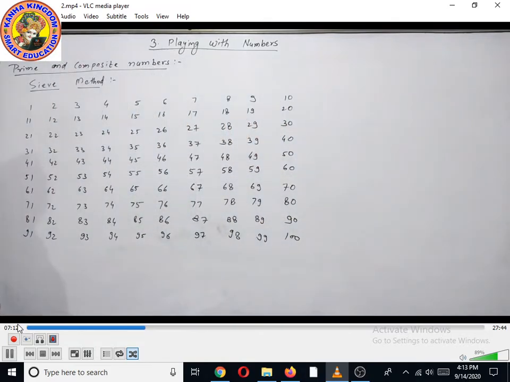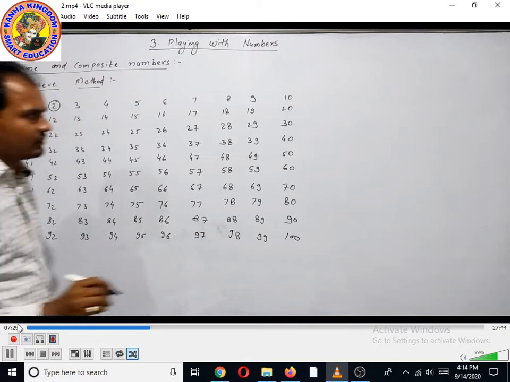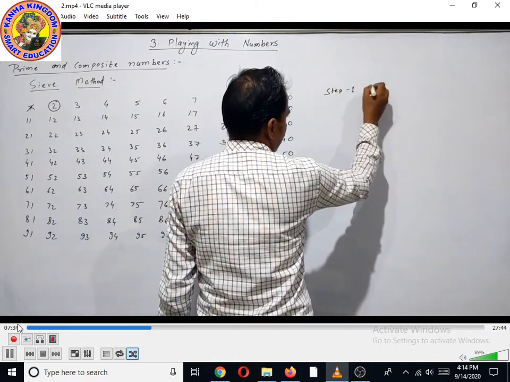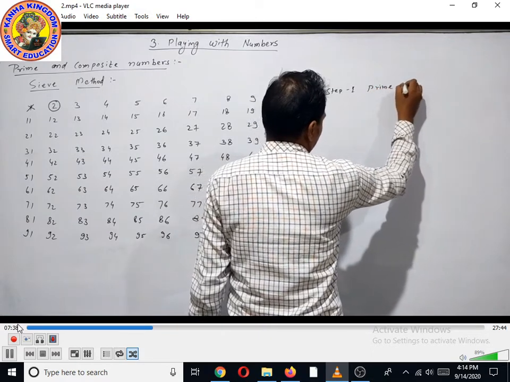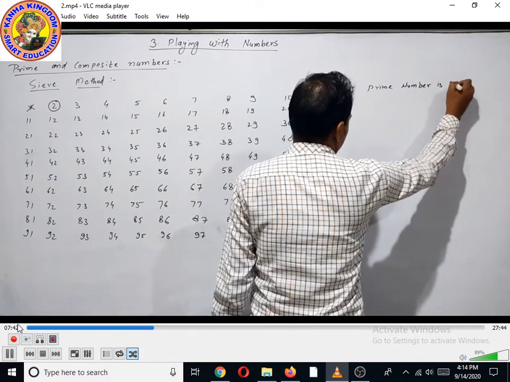Now our next method is the same method. First of all, we know that 1 is not prime, not composite. Now the next prime number is 2. Step 1: the prime number is 2.